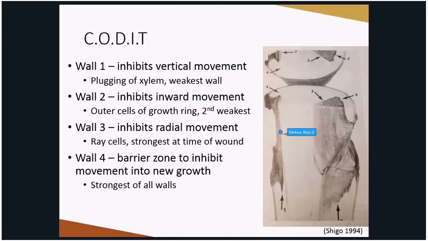So it stops it along what used to be a cambium layer. You can see wall 3 here that stops that growth along a ray cell. And then finally wall 4 is this barrier layer between this new growth right out here that happened after the wound and the old discolored growth inward in the tree.